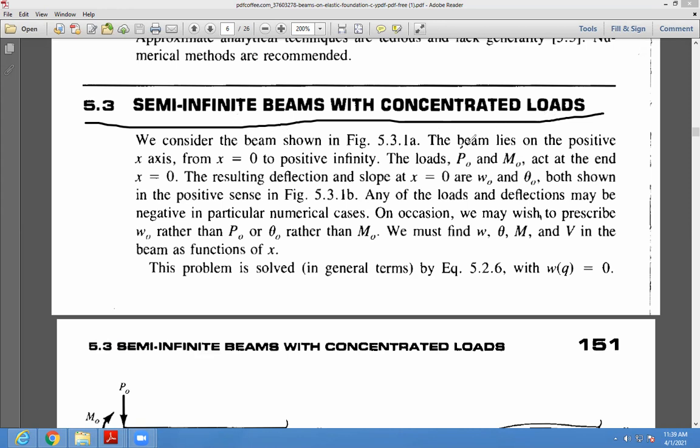Please write down the heading. Right, now for this again we have to find out the deflection, shear, bending, slope, for semi-infinite beams with concentrated loads, right?